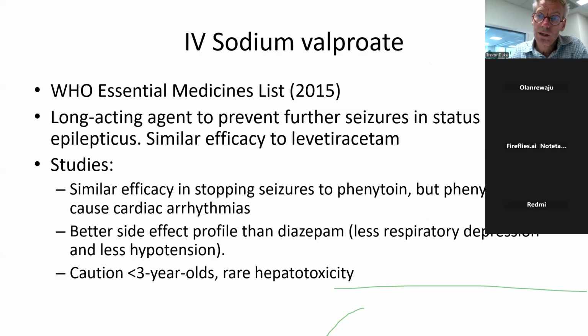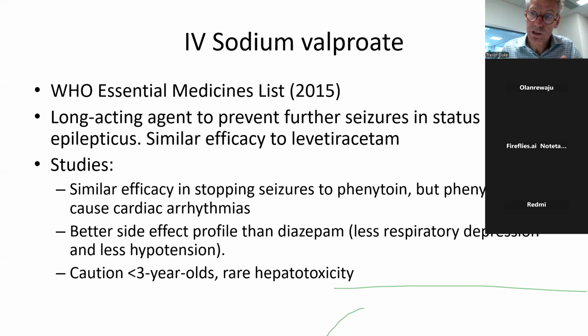Sodium valproate's another anti-epileptic drug that's been on the WHO essential medicines list for about 10 years now. Of course, the oral form has been on the essential medicines list for some time, but it's a longer-acting agent that can prevent further seizures in status epilepticus, and it has a similar efficacy to levetiracetam, to Keppra. It's not a drug you load with usually. Sometimes a loading dose is given. I don't use it nearly as much as I use levetiracetam.